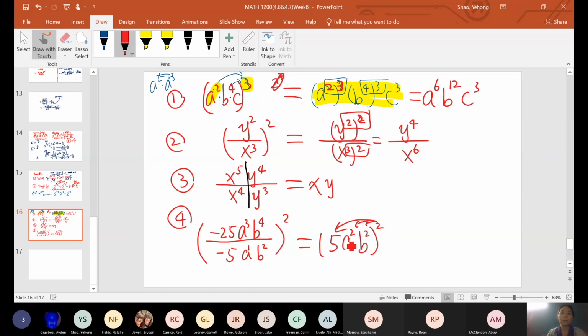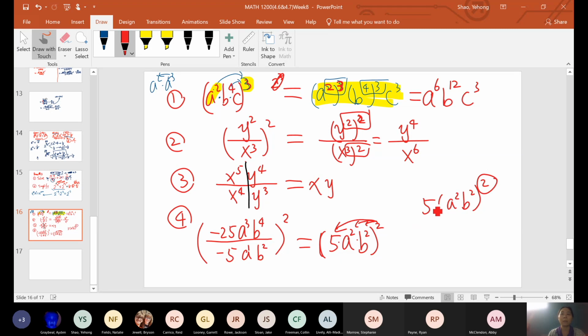Don't forget, a couple of students forgot to raise 5 to the second power. Remember, if you have parentheses, everything inside the parentheses needs to be raised to the exponent outside. If I give you a question like this, this 5 is not inside parentheses, so you don't have to raise 5 to this exponent.